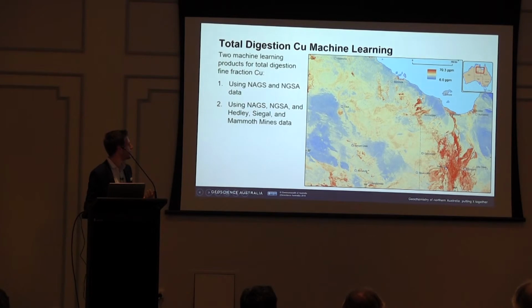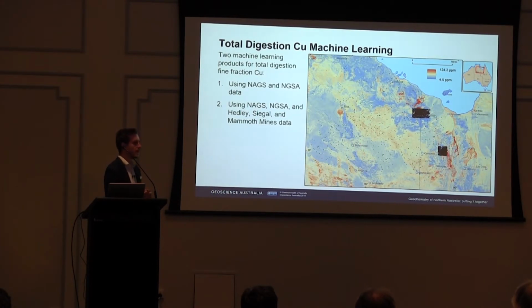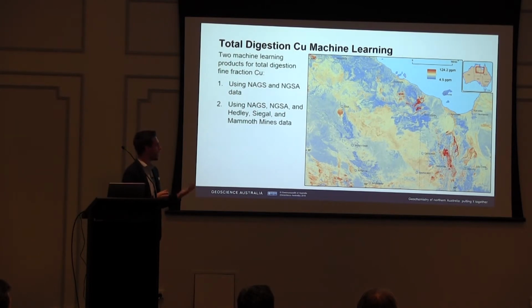But if we increase the data density and sample more lithology types, so in this case I've included the more historic Headley, Seagull and Mammoth map sheet data that BMR collected back in the 1970s. So this adds about an extra 3,500 training points into the data set. And what we've really done here is refine the geological input into the model.